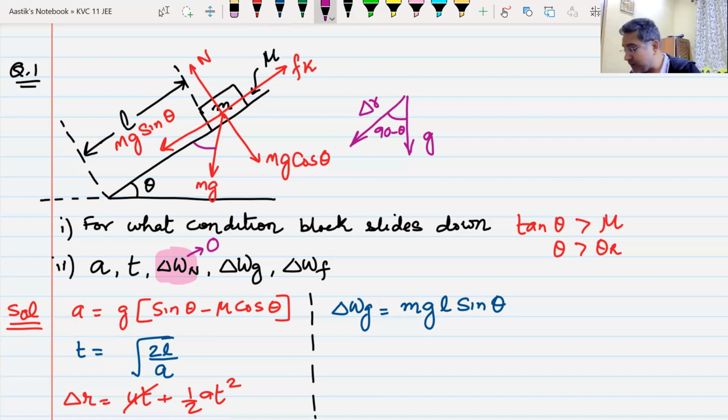The other way of writing this work done, let me now take you back to the point where we had written the work done by this force.